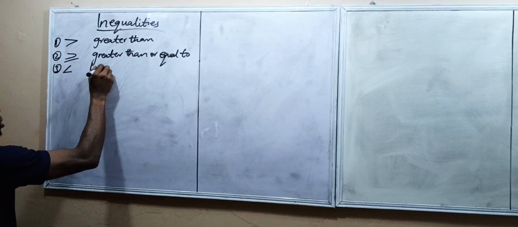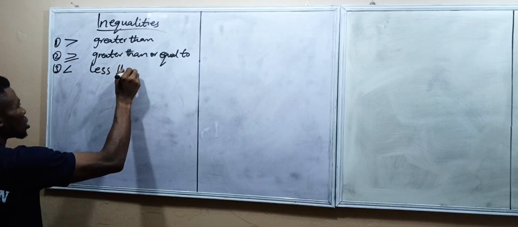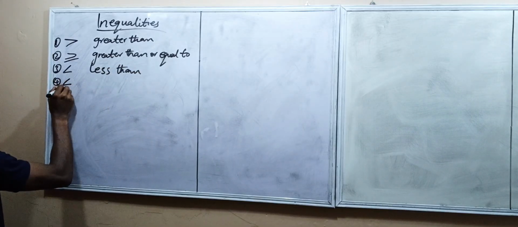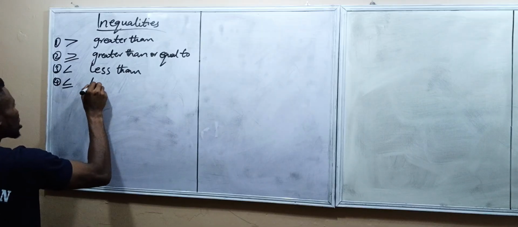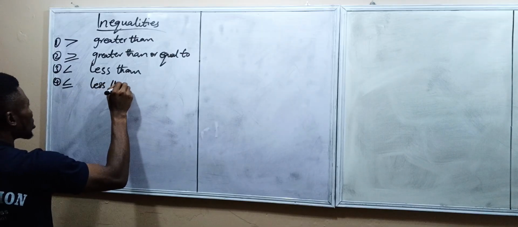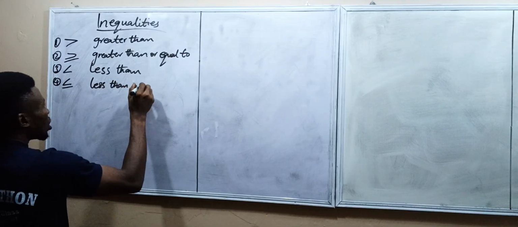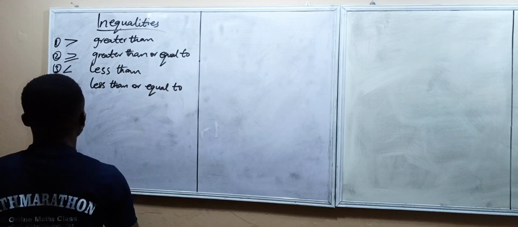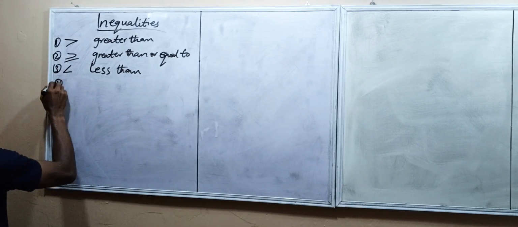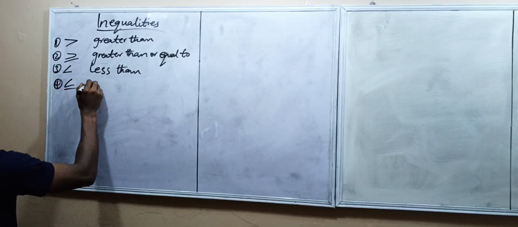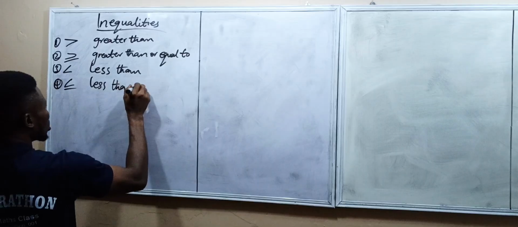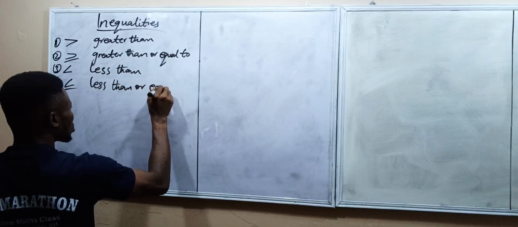This is what we call less than. And this, which we call less than or equal to. So number 4, we have something like this, which we call less than or equal to.